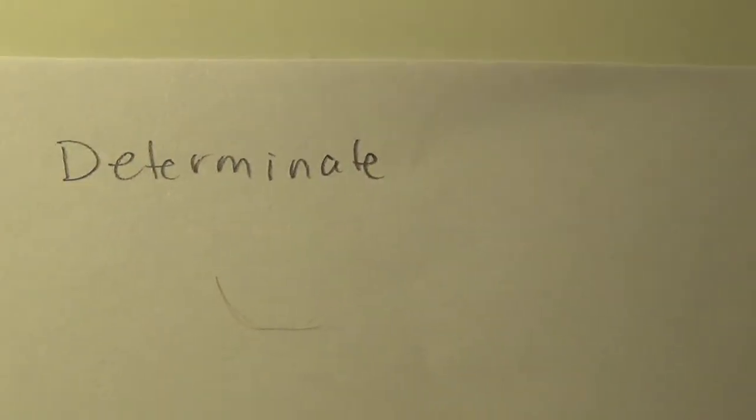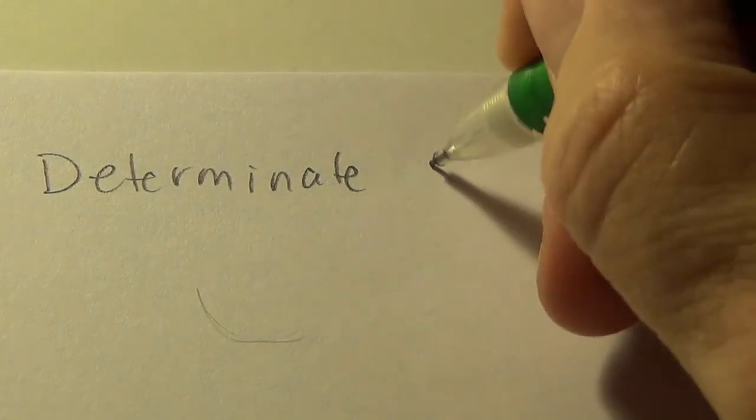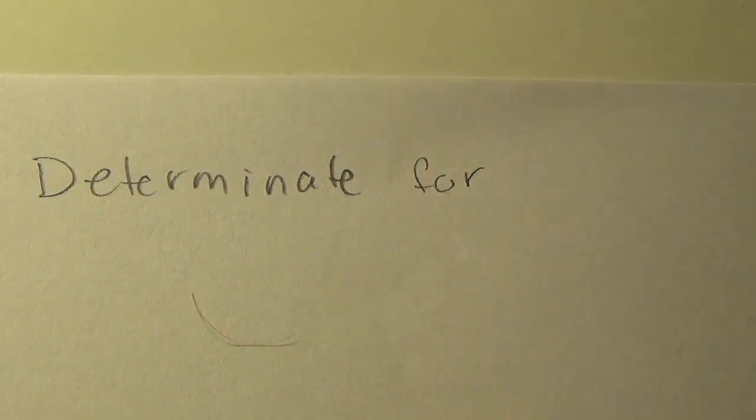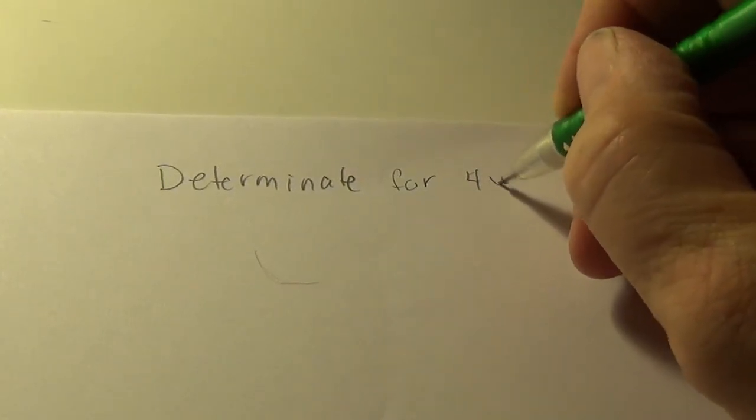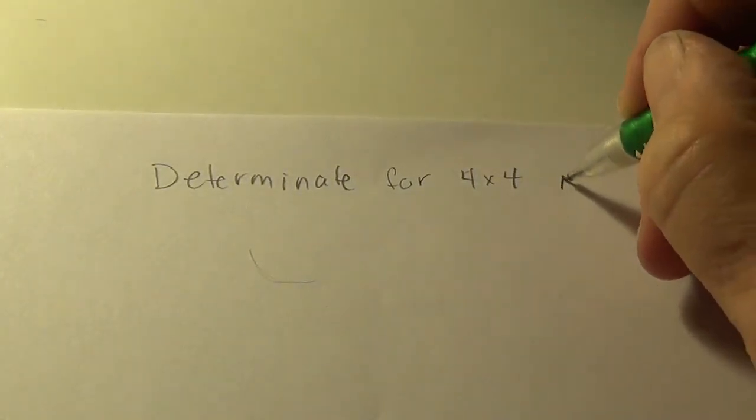So, we've been talking about Cramer's rule, and before we can finish up with Cramer's rule, I have to teach you how to find a determinant for a 4x4. So let's get it in the screen. Determinant for a 4x4 matrix.